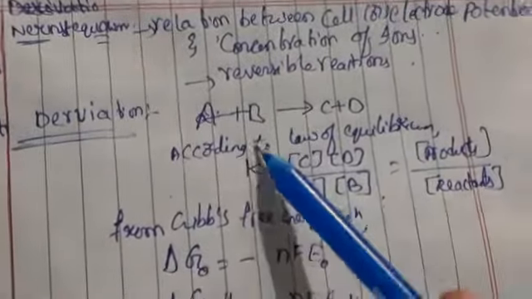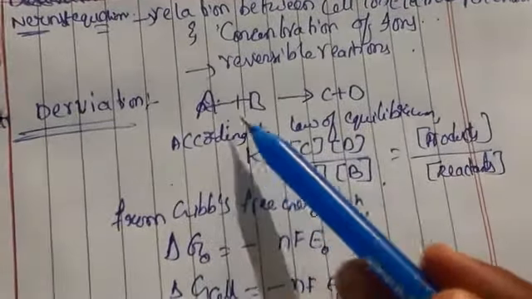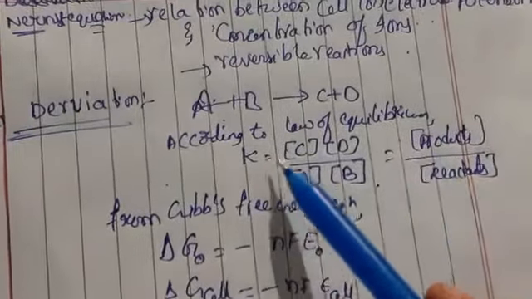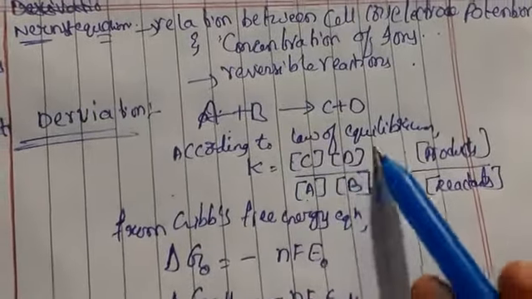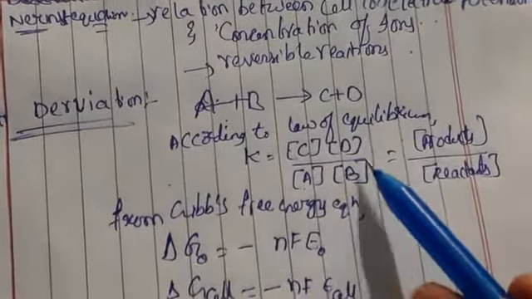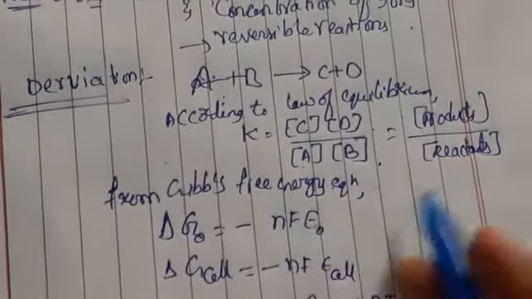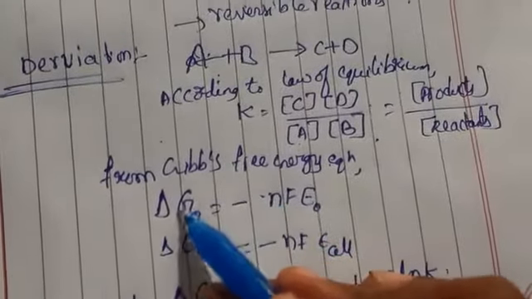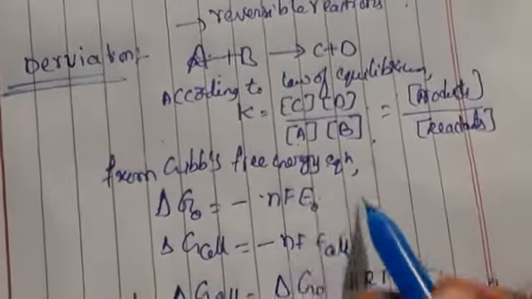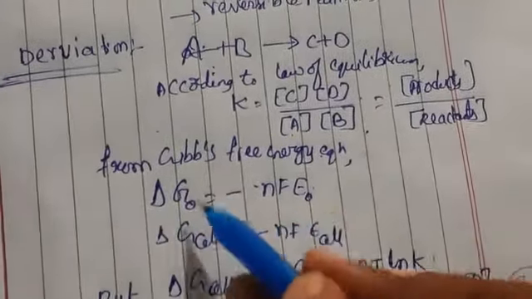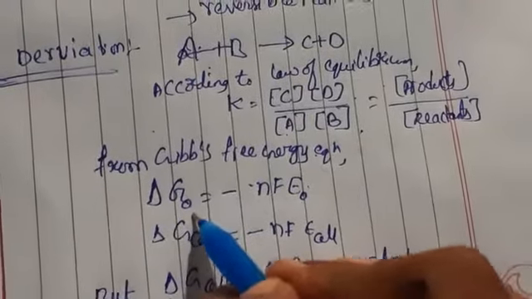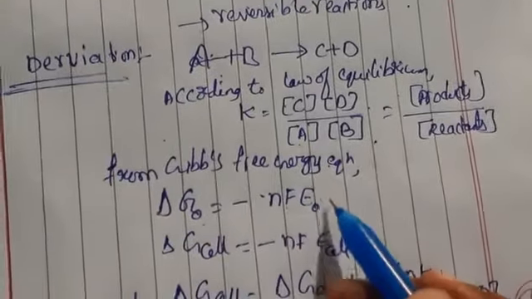Here I have taken a reversible reaction. According to the law of equilibrium, K is equal to the concentration of products divided by the concentration of reactants. From the Gibbs free energy equation, delta G is equal to minus nFE. Here we are considering standard Gibbs free energy, so I have written delta G naught is equal to minus nFE naught.